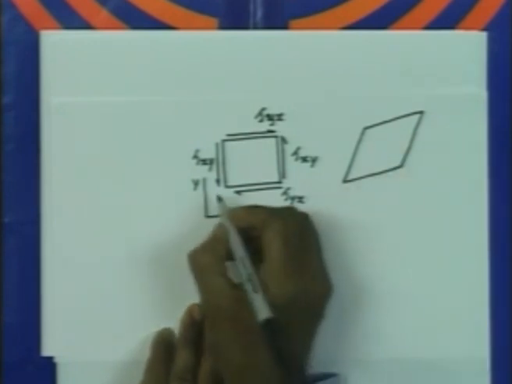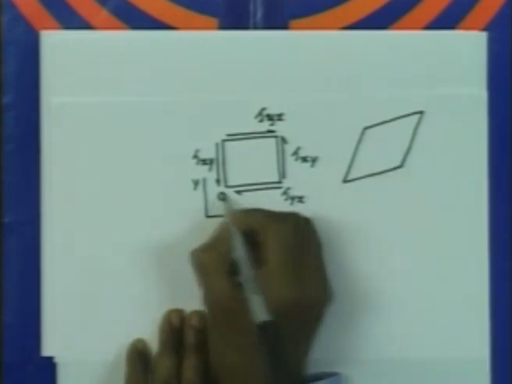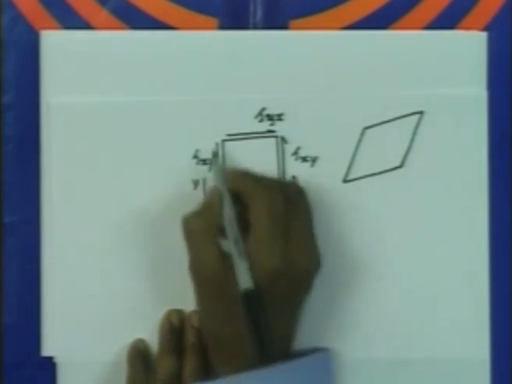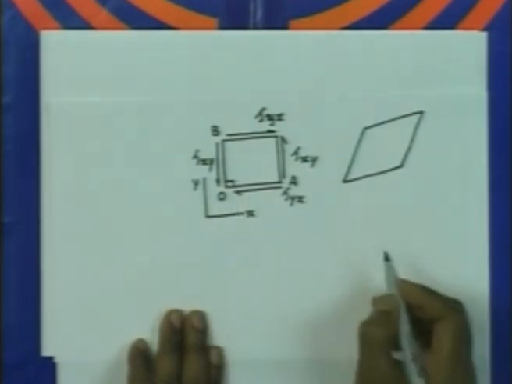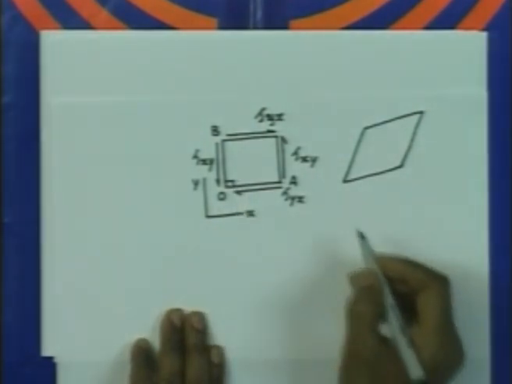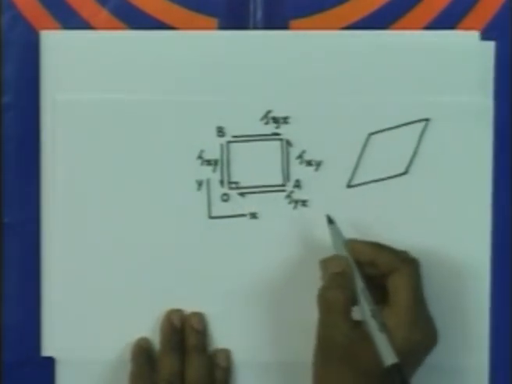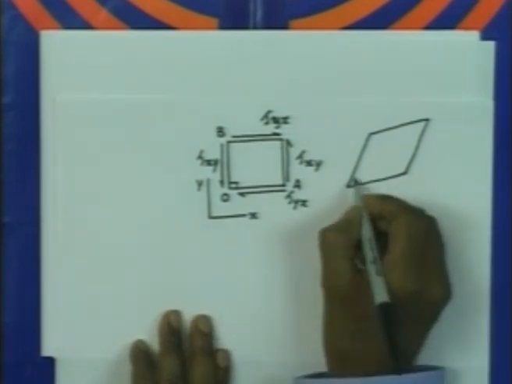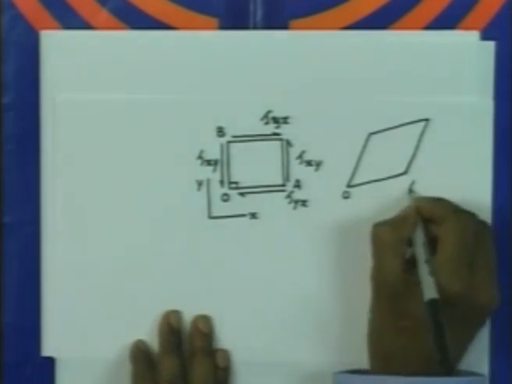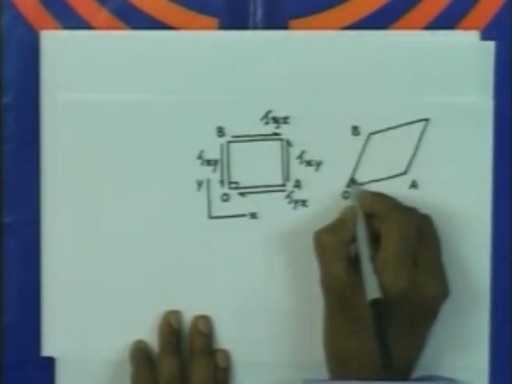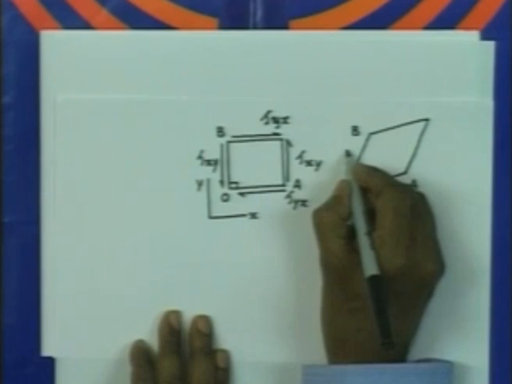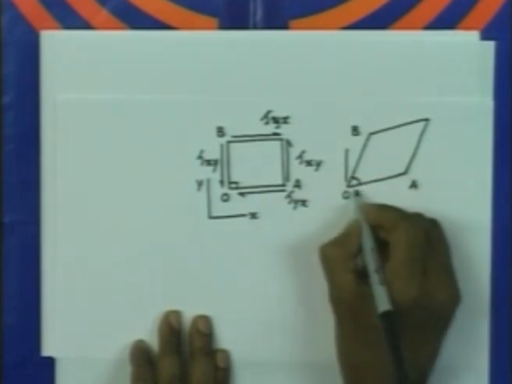So herein what you find is that if you consider that this is O, this is A, this is B, OA and OB are initially at 90 degrees, but because of these stresses, the angle between OA and OB becomes less than 90 degrees.